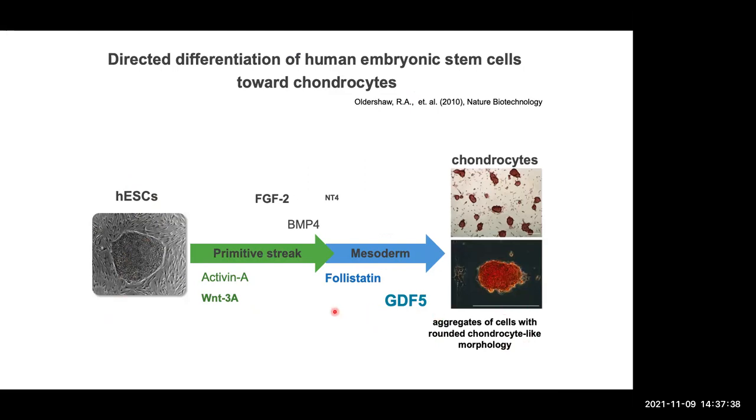So what they do is add some growth factors, activin A and Wnt3A, at the beginning, and then they stop and add another set of growth factors in different amounts. The big capital letters here mean a lot. Then they use a tiny little bit of NT4 during culture, and then stop adding it and add follistatin instead.